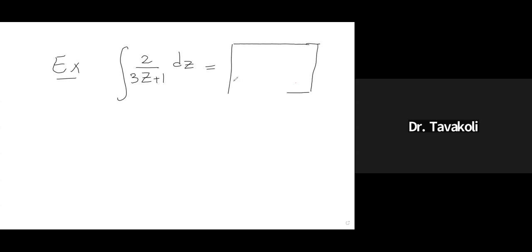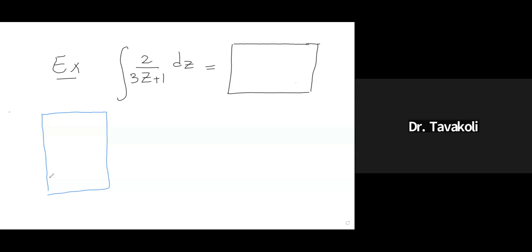Using the substitution, we want to do this integral. As with other examples, I suggest that you pause the video and try to do this on your own before continuing with watching the solution.